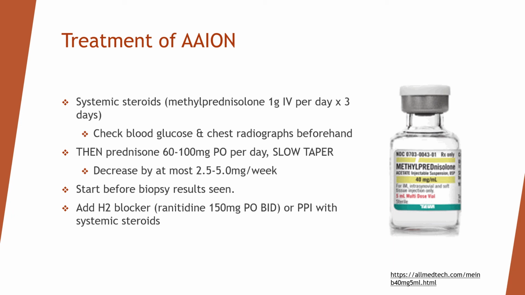After methylprednisolone, we switch over to prednisone at 60 to 100 milligrams per oral each day and taper it off very slowly. We cannot decrease it by more than 2.5 to 5 milligrams per week. Otherwise, the patient can go into steroid withdrawal syndrome.